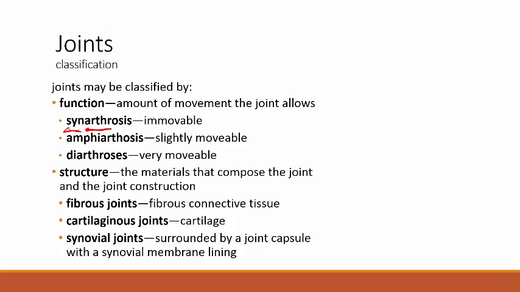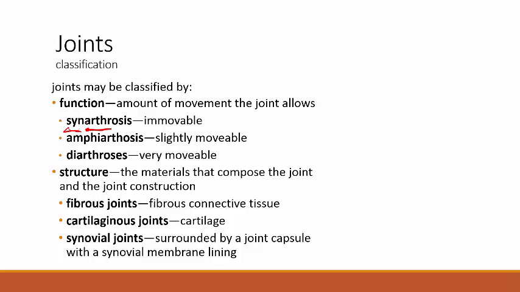Synarthroses are immovable joints. Amphiarthroses are slightly movable joints, while diarthroses are the very movable joints. They allow quite a lot of flexibility and freedom of motion.